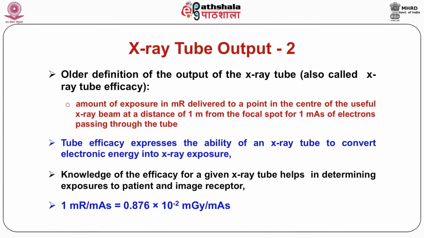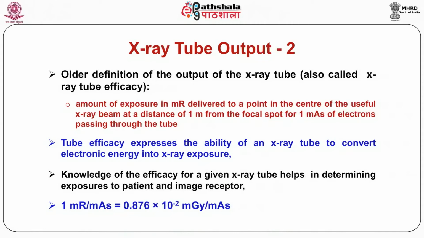The older definition of the output of the X-ray tube, also called X-ray tube efficacy, is the amount of exposure in milliroentgen delivered to a point in the center of the useful X-ray beam at a distance of 1 meter from the focal spot for 1 mAs of electrons passing through the tube.